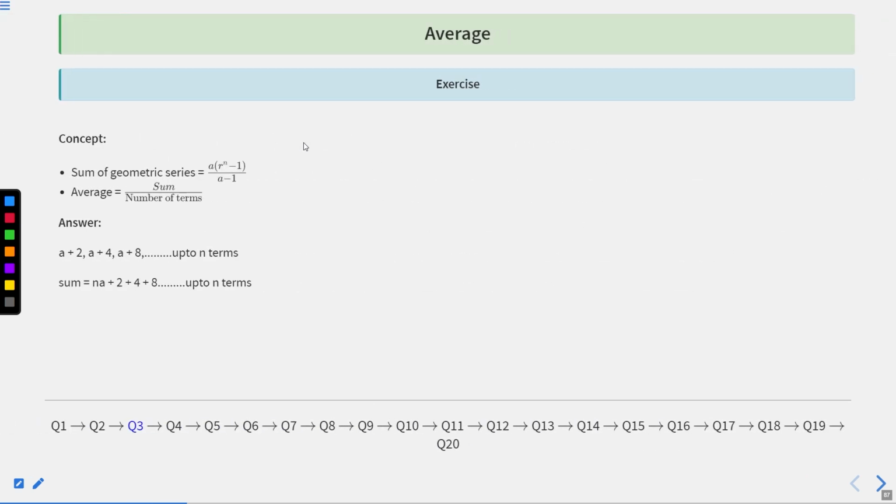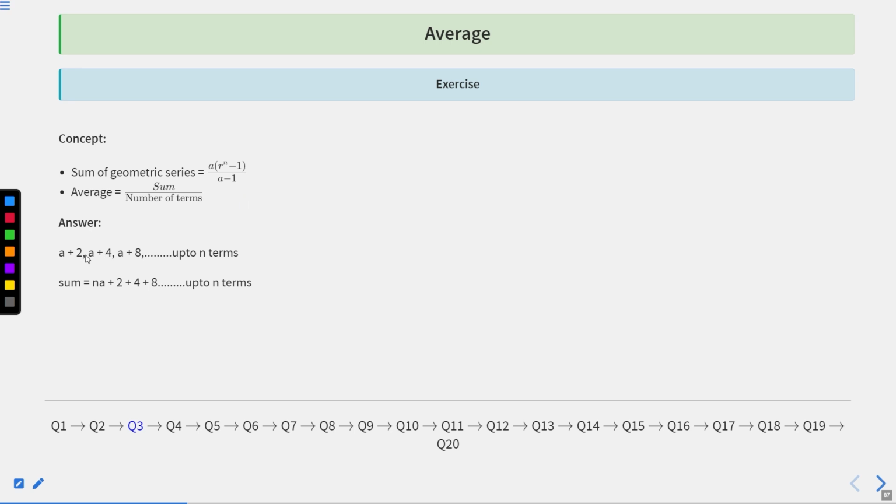So let us see. First of all, let me remind you of some formulas that will be useful while solving this question. First of all, the sum of a geometric series, which is equal to a times r to the power n minus 1 upon r minus 1. And another one is average equals sum of observations upon number of observations.